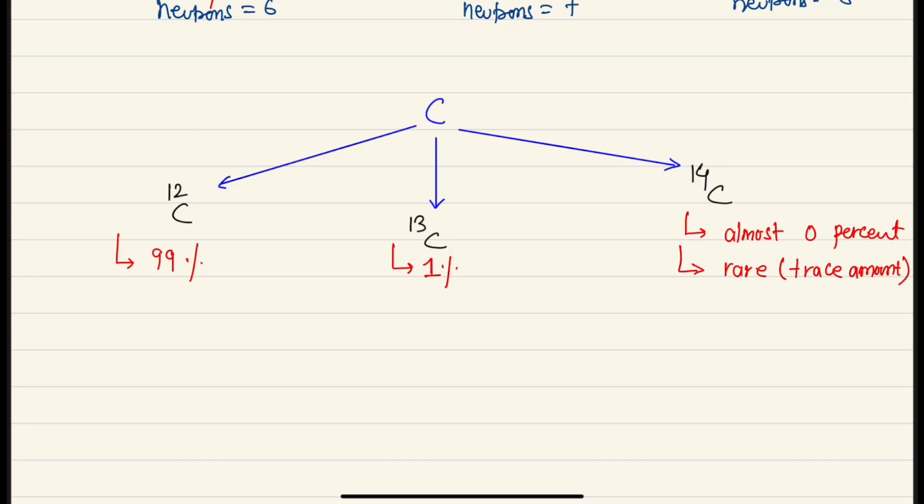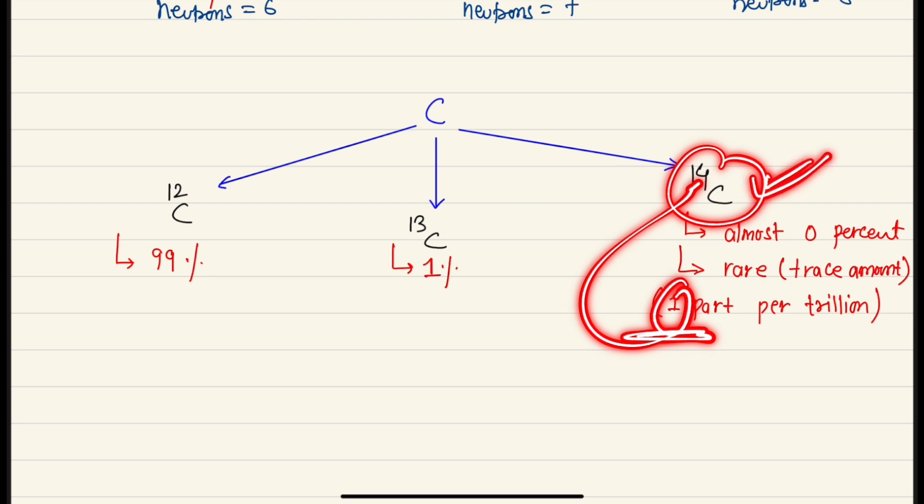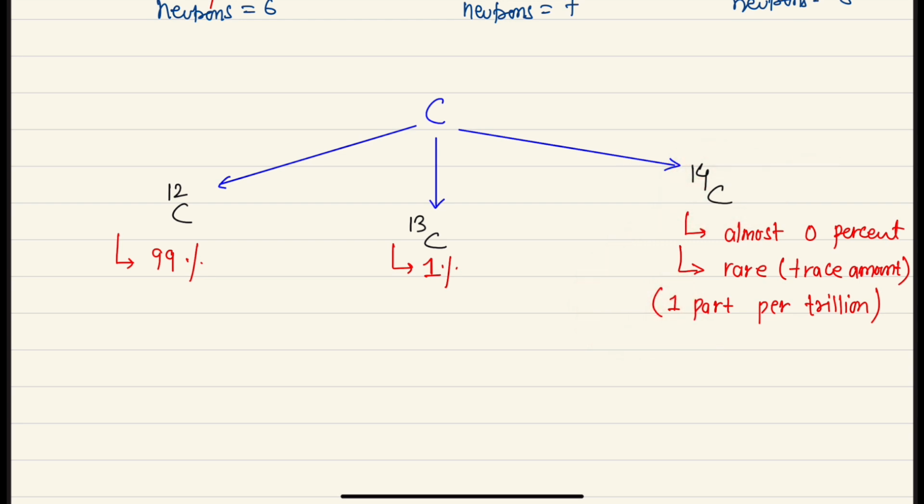Trace amount means like 1 part per trillion. This means what? It means if you have a trillion carbon atoms, in that trillion you have only one carbon atom which is 14C.